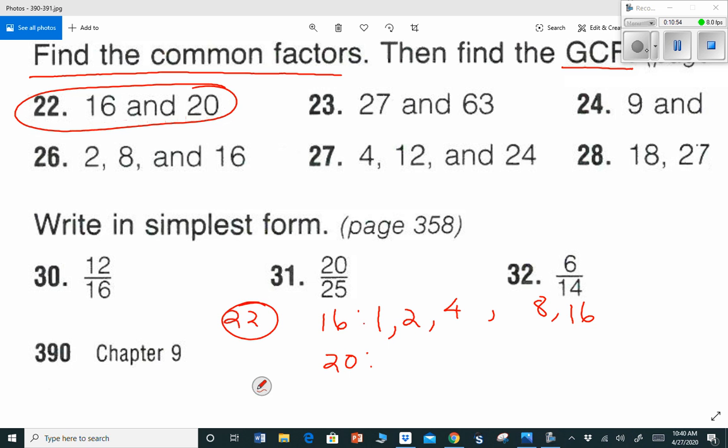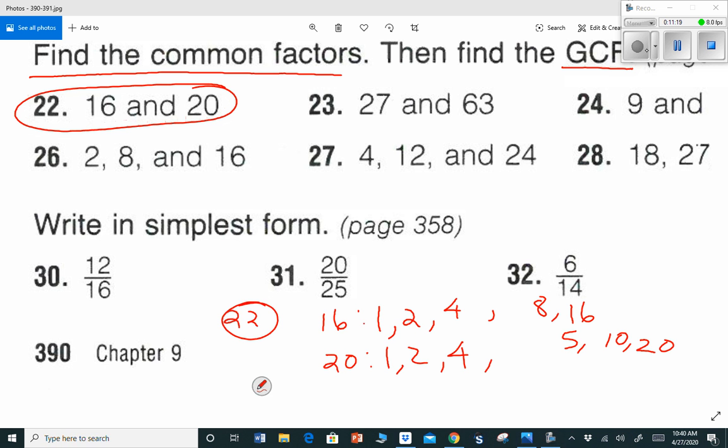Then we do the same thing with 20. 1 times 20. 2 times 10. 3 doesn't work. 4 times 5. And then we would try 5, but we already have it, so we know that we are done.